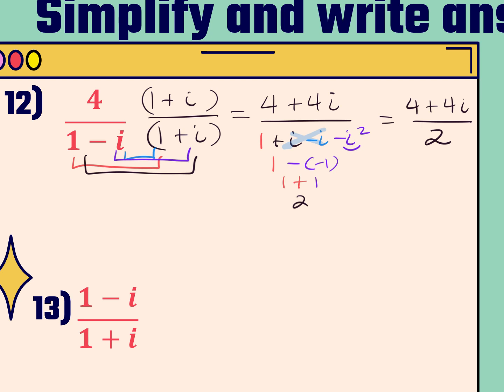Now, when we go to simplify these, this denominator must be able to simplify with both the real and the imaginary. And it can. I can divide all 3 of these numbers by 2. So once I do that, this 2 becomes a 1, the 4 becomes a 2, and this 4 becomes a 2. So my final answer is 2 plus 2i.